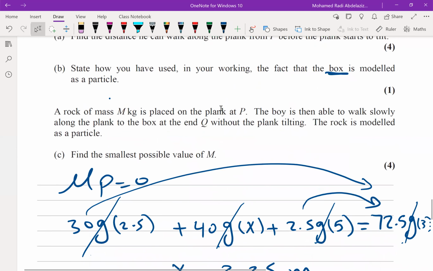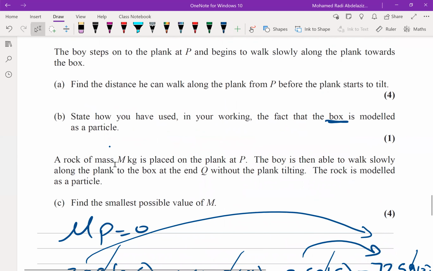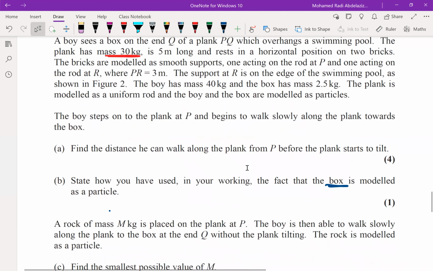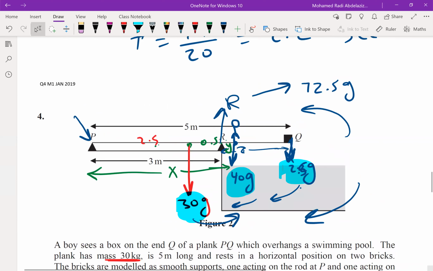In part C, a rock of mass m kilogram is placed on the plank at P. I will show the other figure to show the forces.